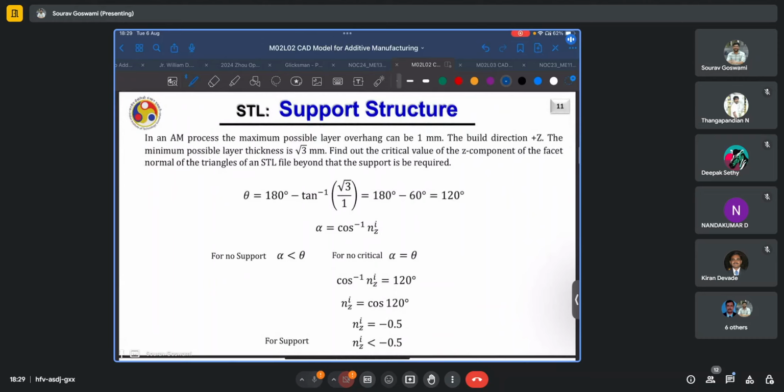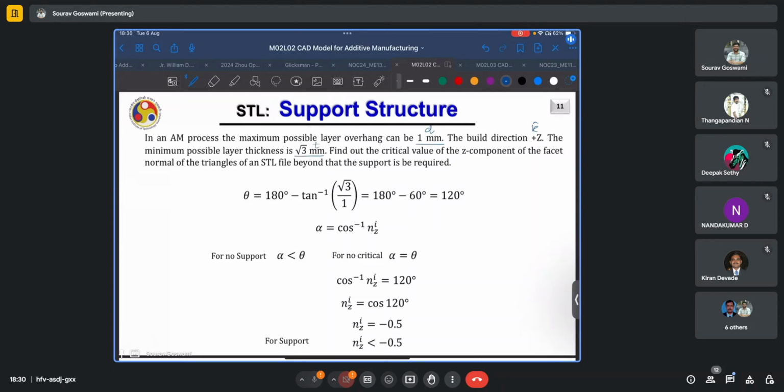We also have a simple example here with direct formula application. In an AM process where the maximum possible overhang can be 1 mm, this is the value for small d. The build direction is plus z, so again oriented along the k hat direction. The minimum possible layer thickness is root 3 mm, this is the value for small t.